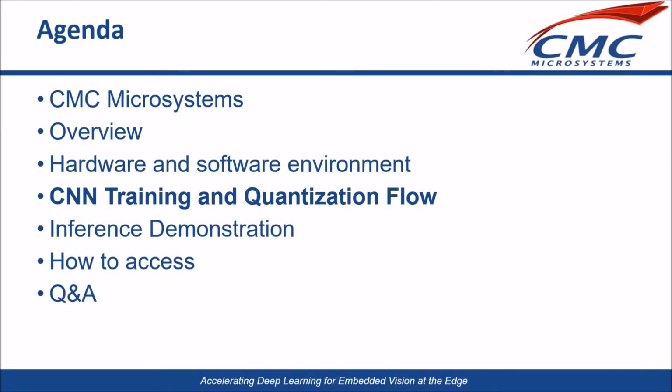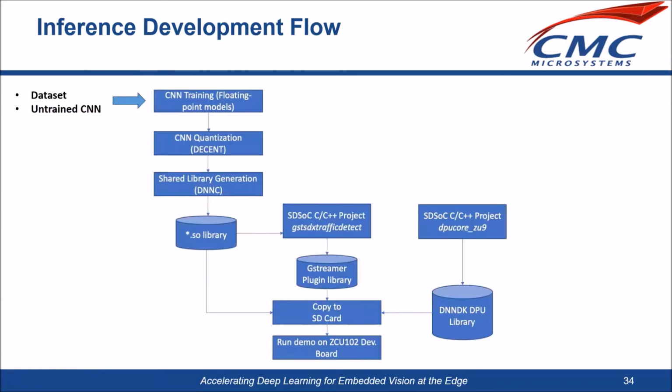I'll now briefly go through the flow that we used to develop the training and inference. This diagram shows the inference development flow. It starts from a training data set and an untrained or partially trained CNN model. In our case, this is the PASCAL VOC data set and the SSD 300 network model. The first step is training the network using the floating point version of the model.